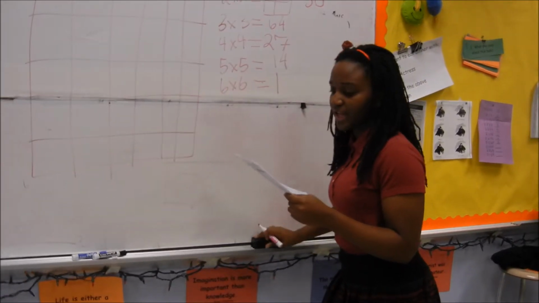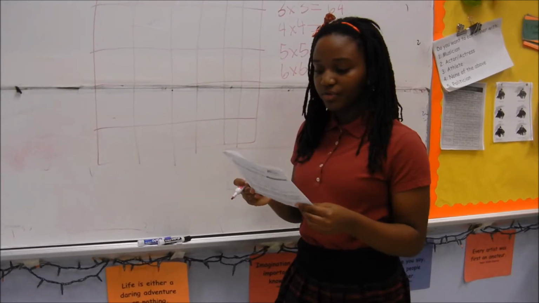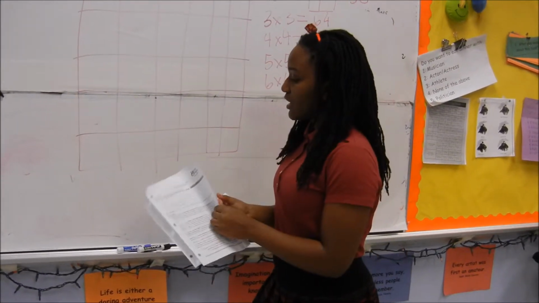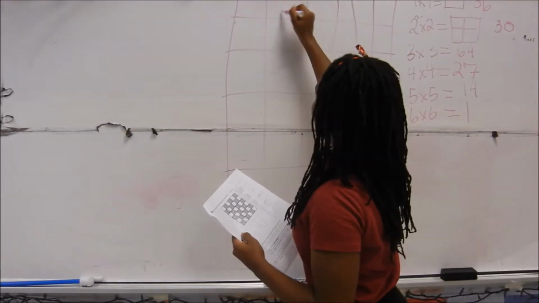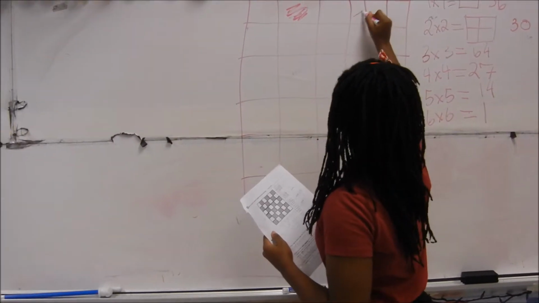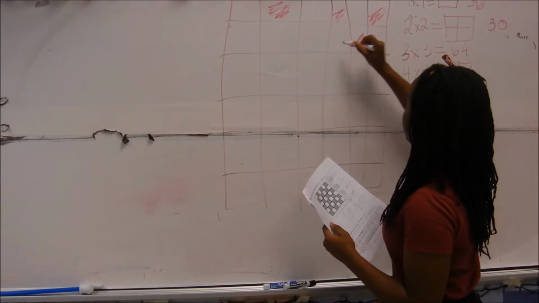Now number 5 is asking, in a 12 by 12 square, how many of those total squares would be gray? Now in the diagram, there are half as many squares that are gray and white.